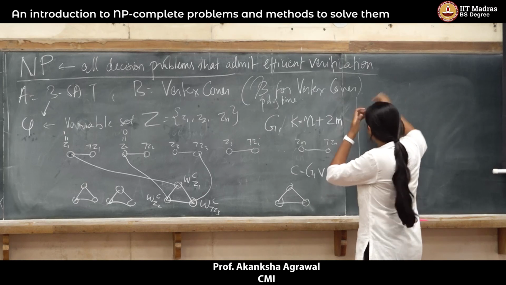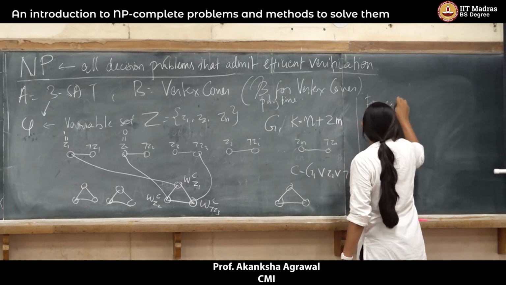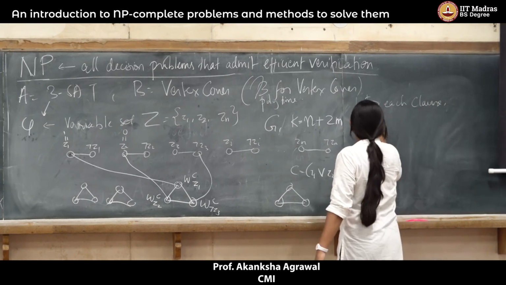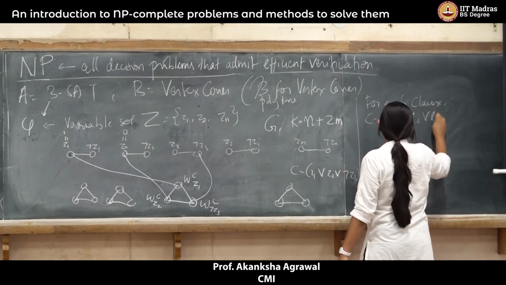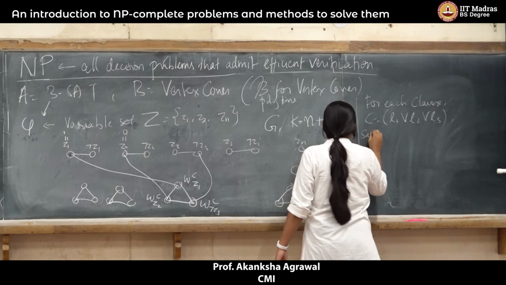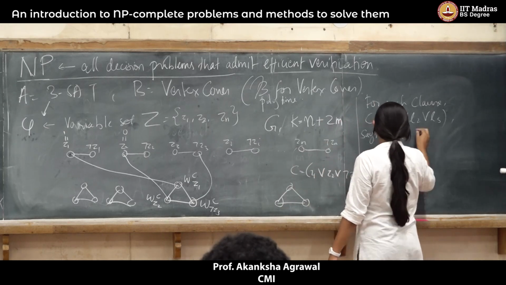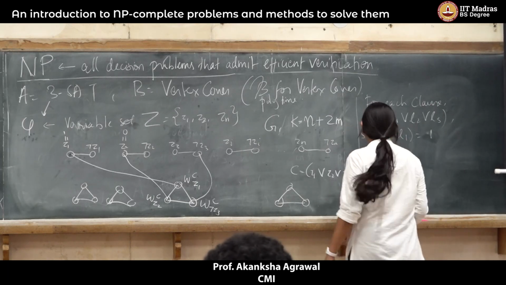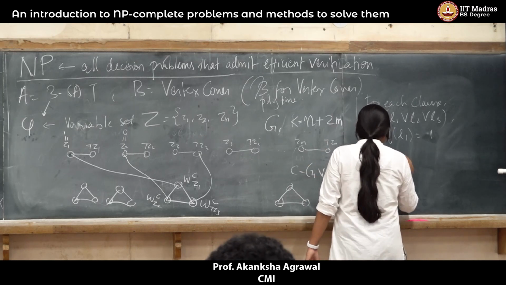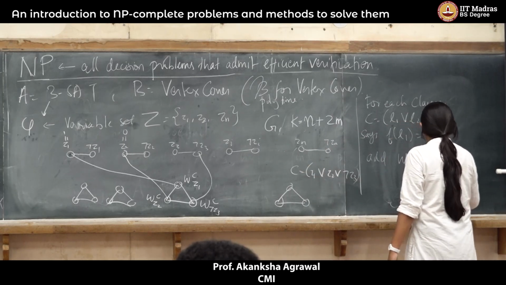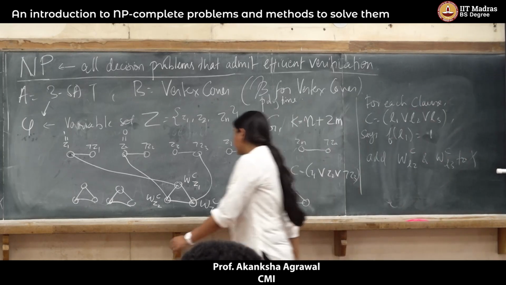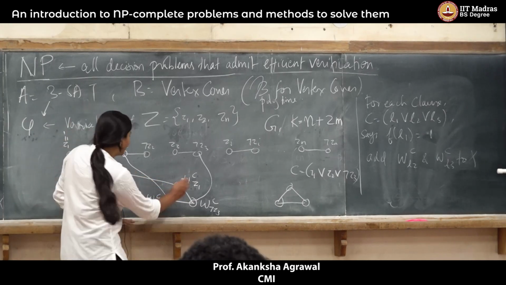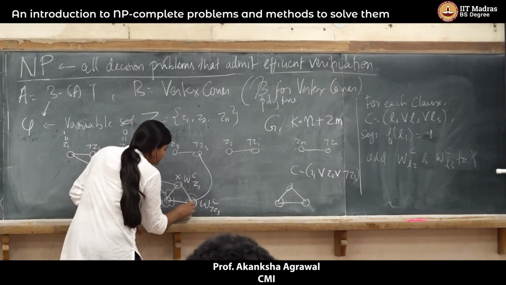For each clause C, which is say L1 or L2 or L3, say f of L1 is true, is 1. If the literal L1 is satisfied, what I do is add W_C,L2 and W_C,L3 to the set X. So suppose Z1 was set to 1, which means that this clause is already satisfied. So I don't insert this but I insert the other 2 endpoints.